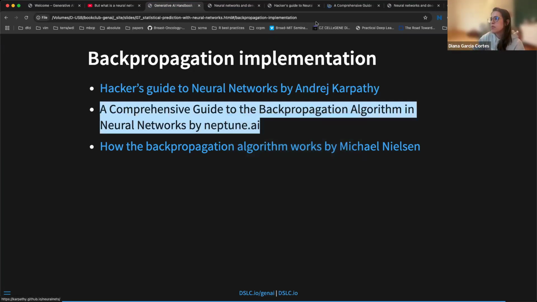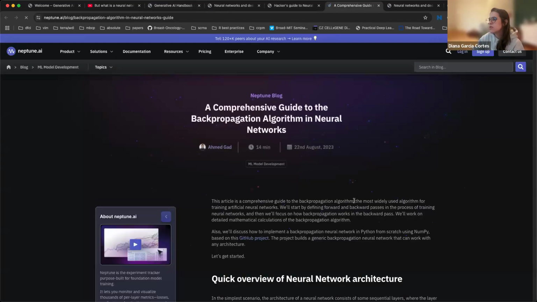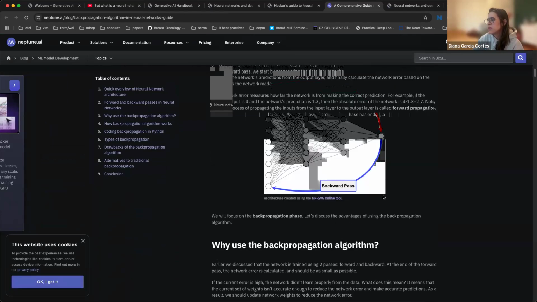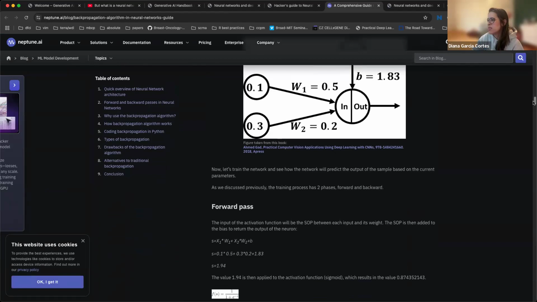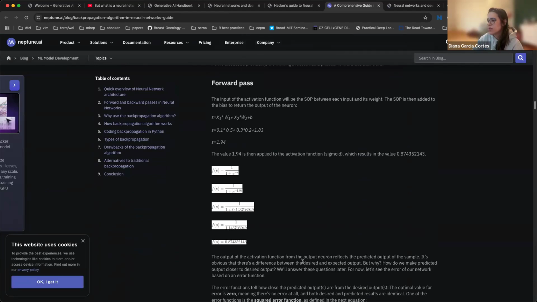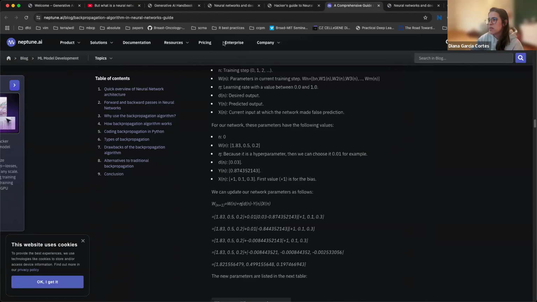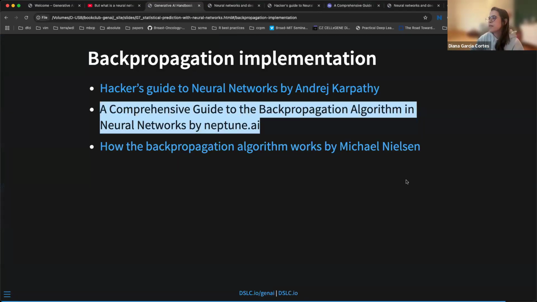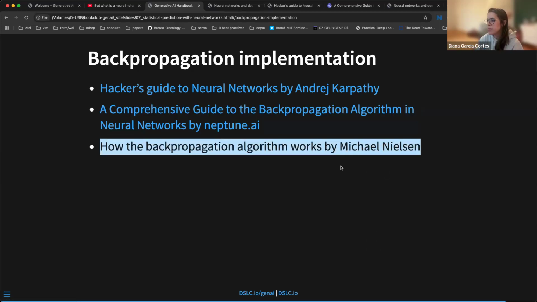This one was also really good at explaining the back propagation and the training algorithm, but how they wrote the whole thing is a little bit weird. And yeah, the other result by Michael Nielsen.